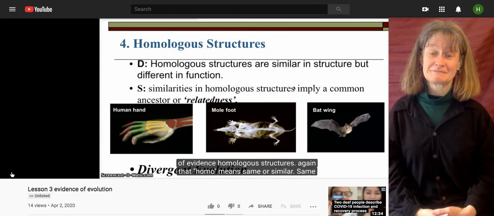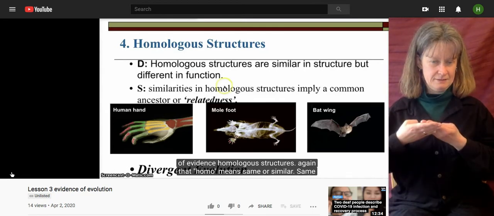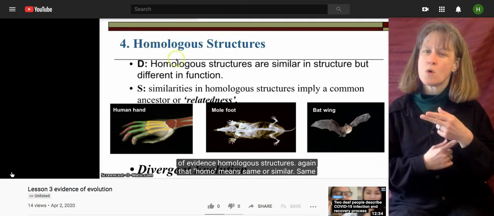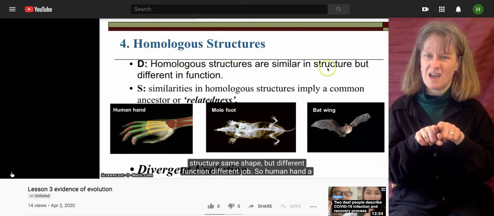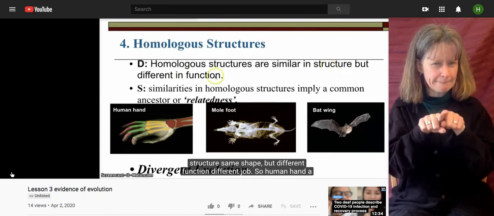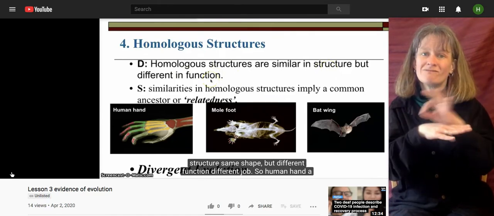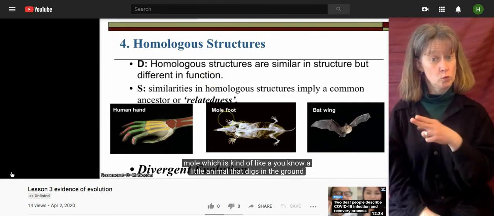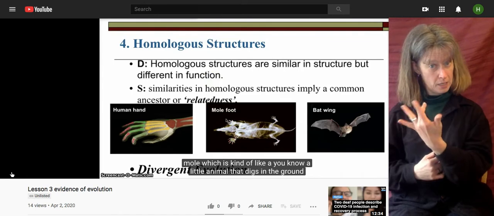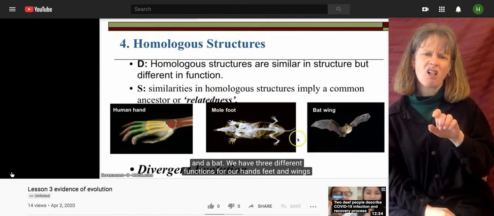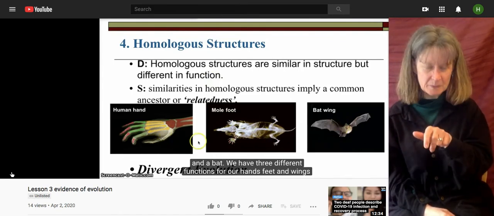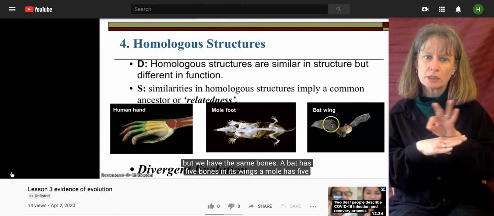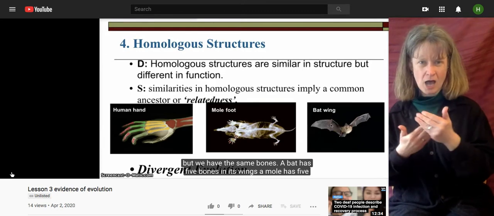The fourth piece of evidence: homologous structure. Again, homo means same or similar. Same structure, same shape, but different function, different job. So a human hand, a mole, which is a little animal that digs in the ground, and a bat. We have 3 different functions for our hands, feet, and wings, but we have the same bones.